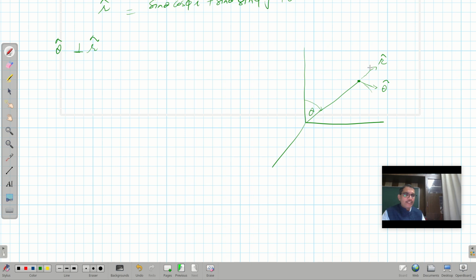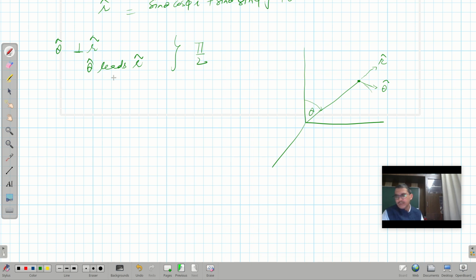So the particle is supposedly moving from here to here, so theta cap leads r cap. If theta cap leads r cap and is perpendicular to r cap, then the angle between them is pi by 2.